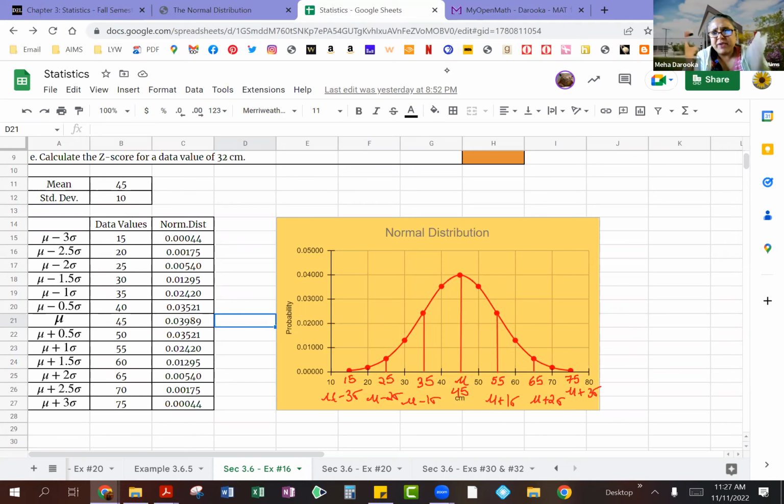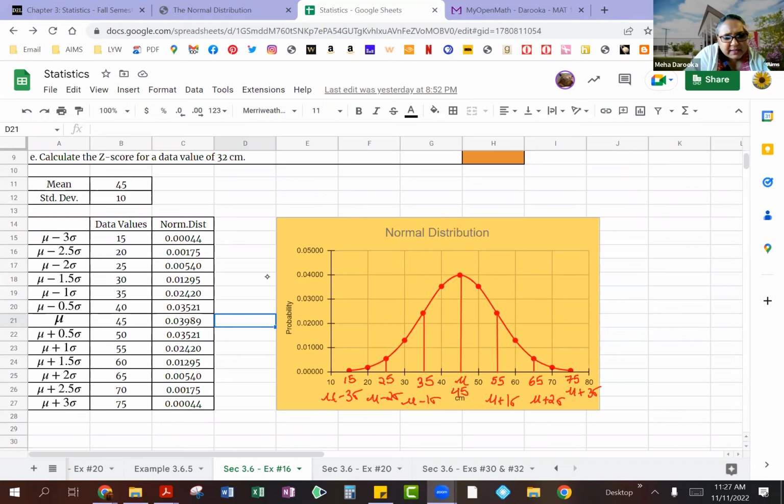So what will those range of data values be? So your mean is right in the center. If you are going 2 standard deviations below and 2 standard deviations above, what are we looking at?